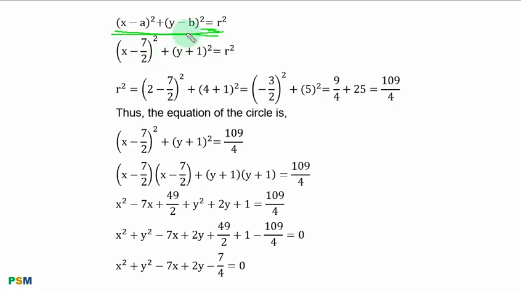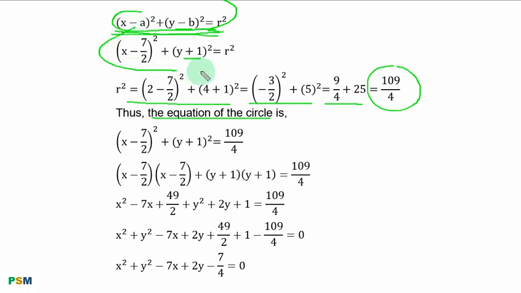If you put that minus 1 here, it becomes plus 1. From here, we replace x with 2 and y with 4. In the first coordinates, you have this result. When you simplify, you have it in this form and this form. When you add, you have 109 over 4. Thus, the equation of the circle is, you come back here again.